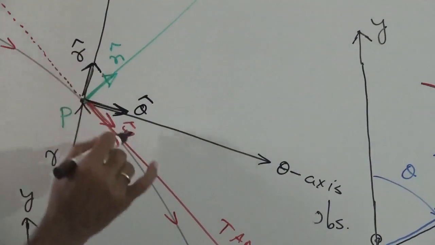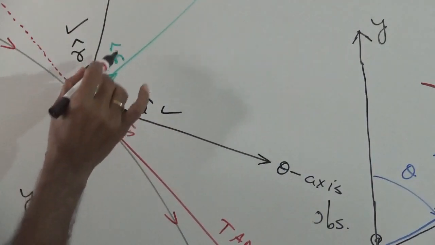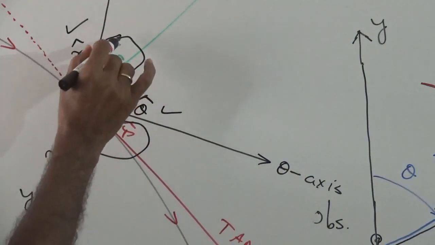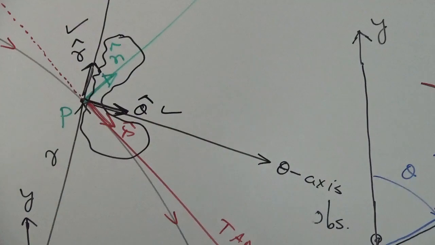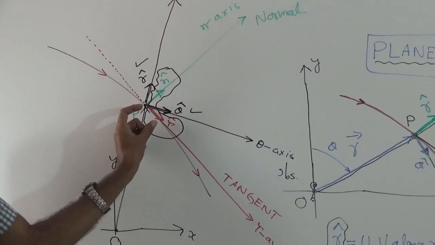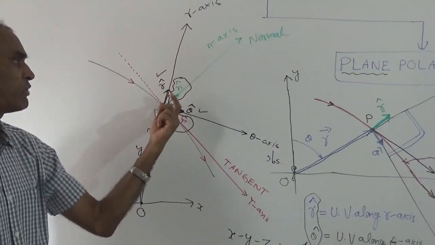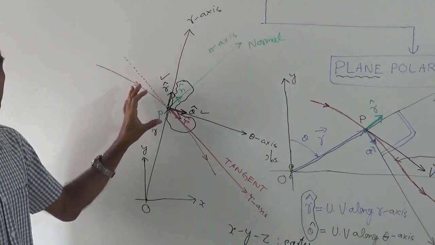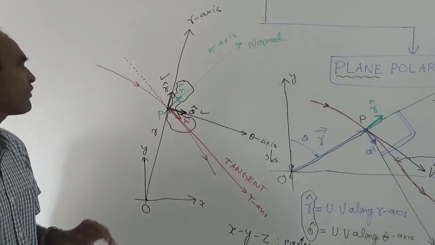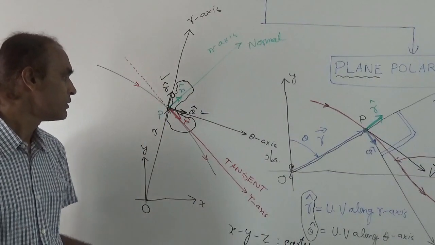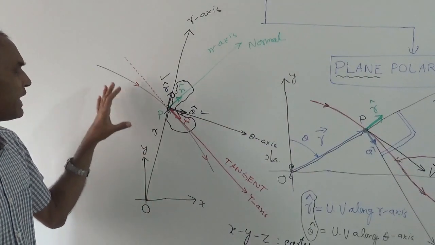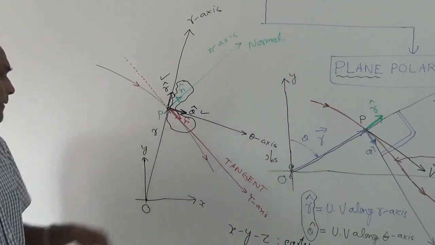So apart from r cap and theta cap, we have these two axes, tangential and normal. Along the tangential axis we have the unit vector tau cap, and along the normal axis we have the unit vector n cap. These unit vectors are very powerful to read the kinematics of a particle in a plane curve.